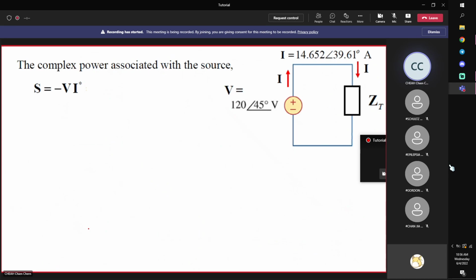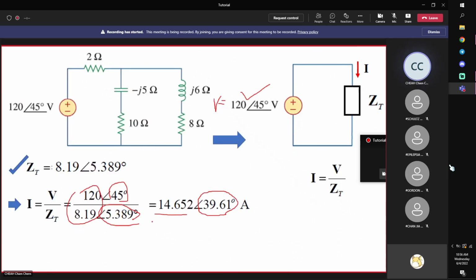But remember, we are calculating the complex power associated with the source, which is the other way around of the passive load, so we put a negative. Voltage is given. I, we have found over here.